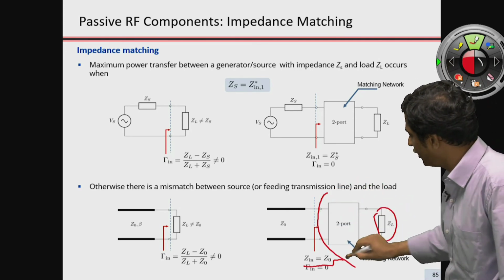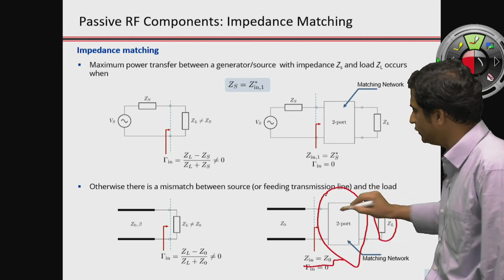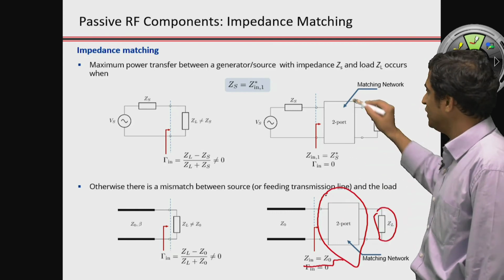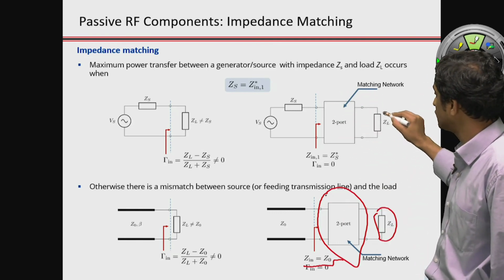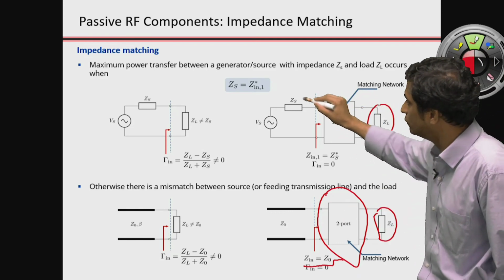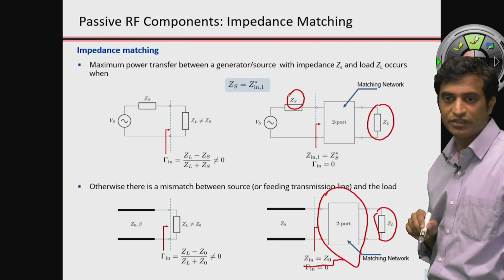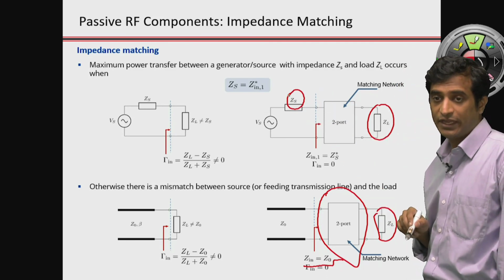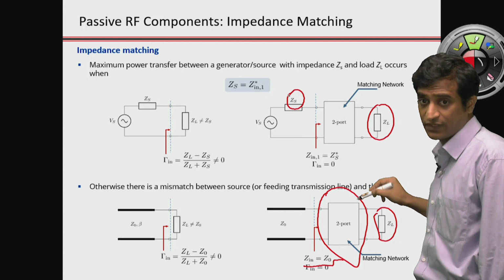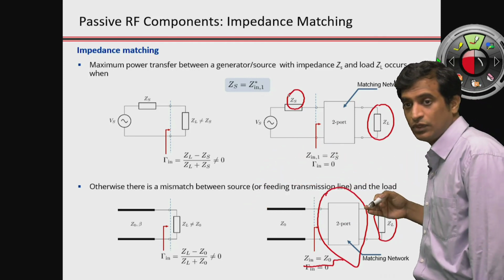So this matching network transforms the ZL to Z0, and here the matching network transforms the load impedance to the conjugate of the source impedance. Thereby we can achieve maximum power transfer from a particular source to the load.